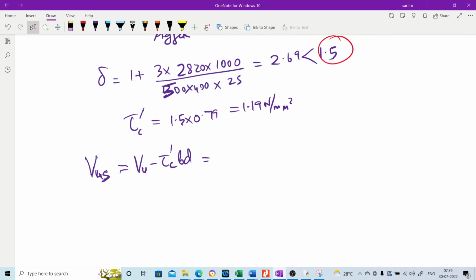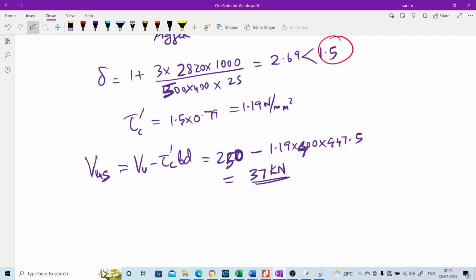Here we will take the modified value. So that is 250 minus 1.19 into B is 400 and D is 447.5. This will be the values. So we'll be getting a value 37 kilonewton. So a small value is coming as the force that has to be resisted by the stirrup.